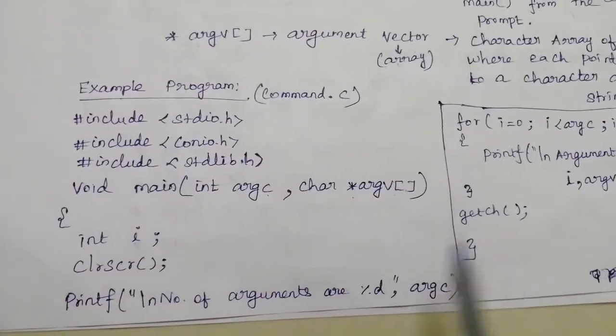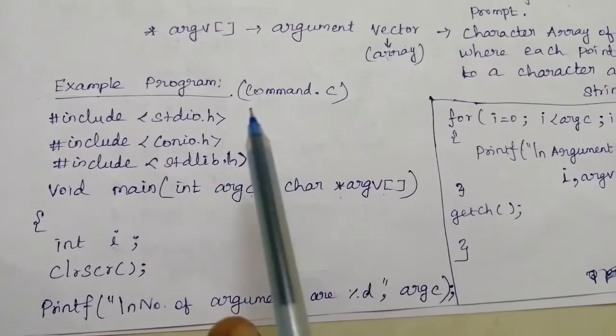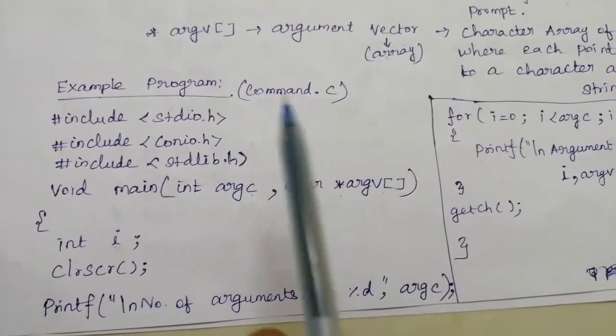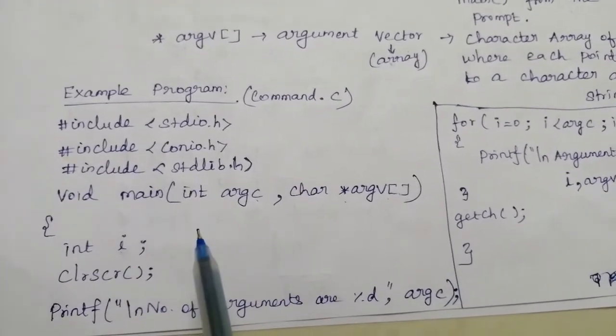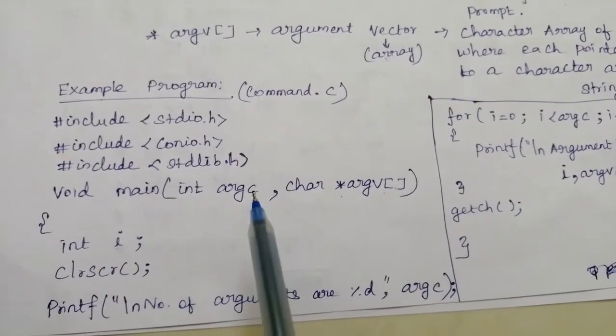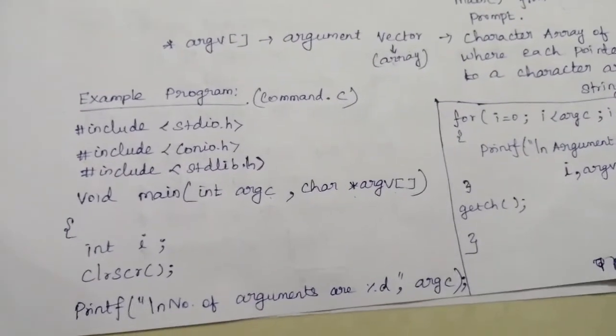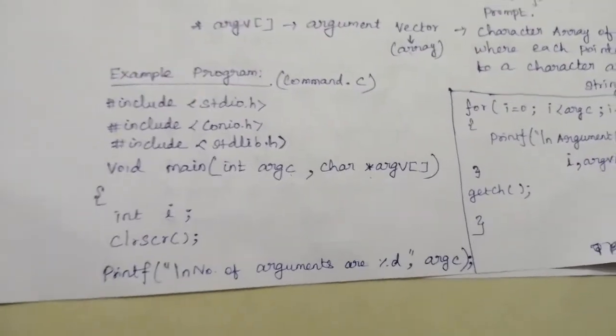Next you can save this file as command.c. So command.c will be the name of this program, the name of the file. Next you can compile the program. After compilation you can go for the execution process. To execute this program, you want to open the command prompt.